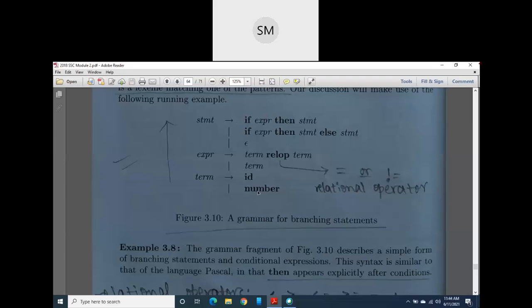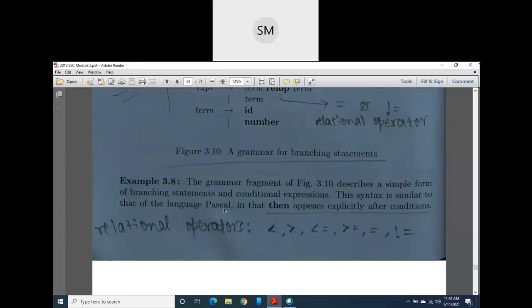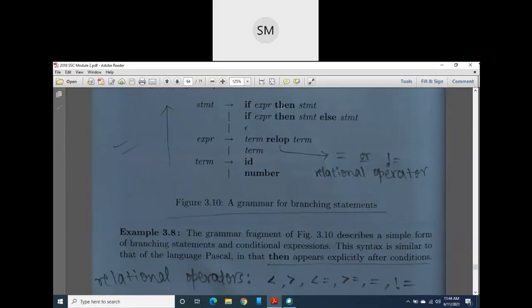Okay, so in Pascal language, I think you have heard of this language. Pascal is also a programming language. Usually in Pascal, our then keyword always appears exactly as I am showing here. Of course, in our C program also, when we use this, then will be after the expression only, but explicitly we don't write then there.